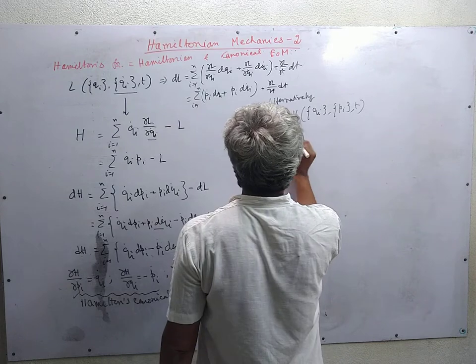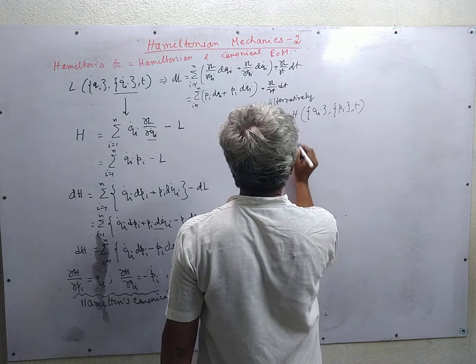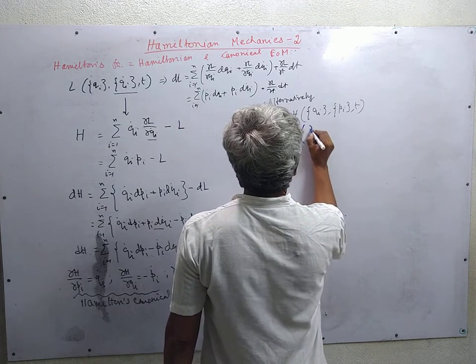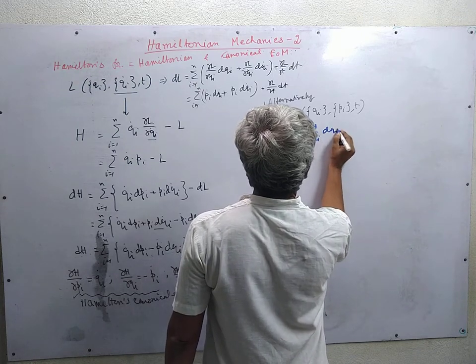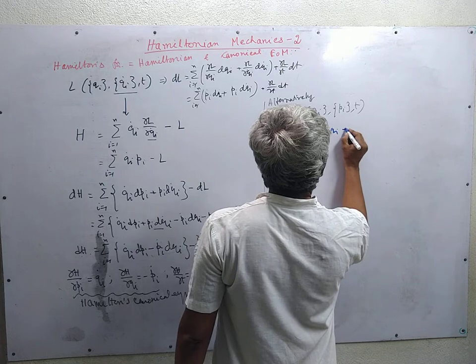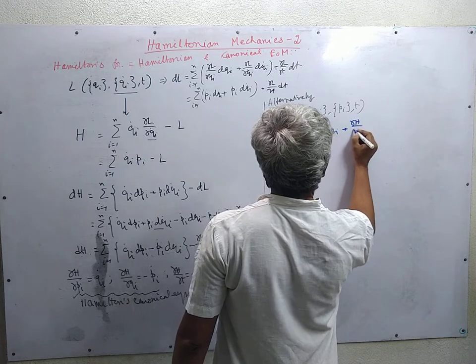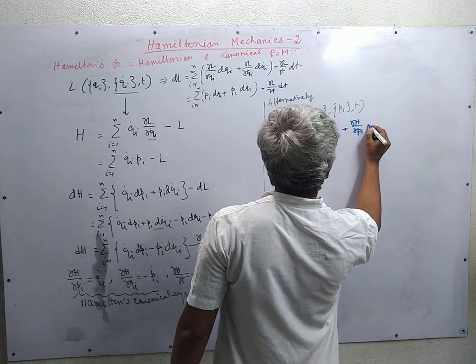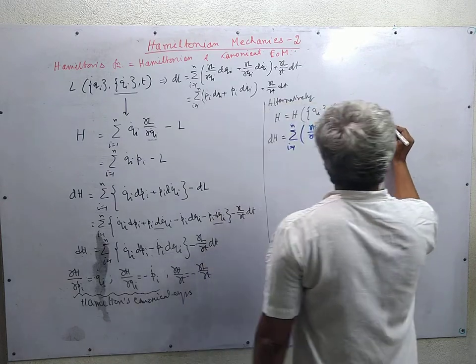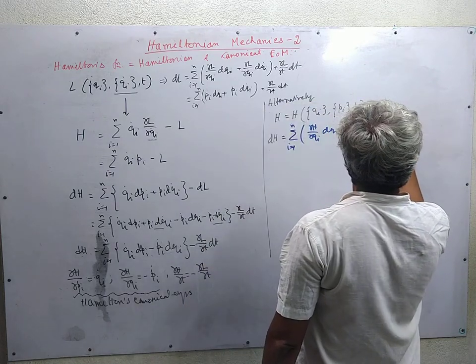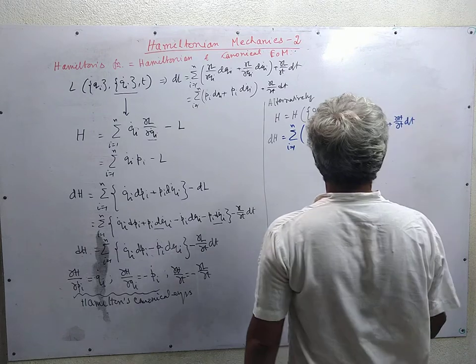So dH is equal to the summation over i equal to 1 to n of ∂H/∂qi dqi plus ∂H/∂pi dpi plus ∂H/∂t dt.